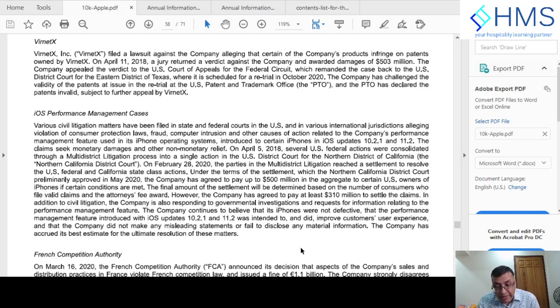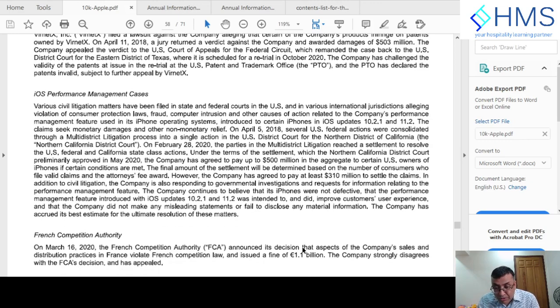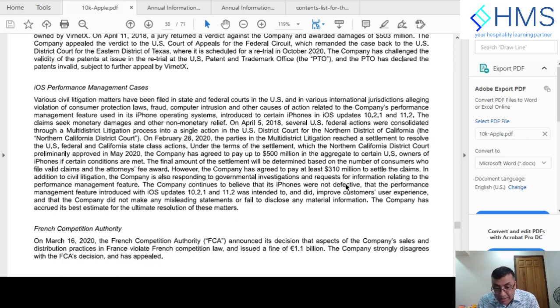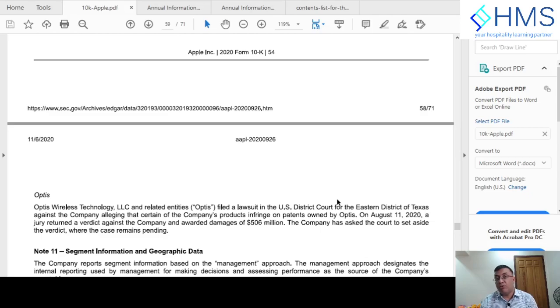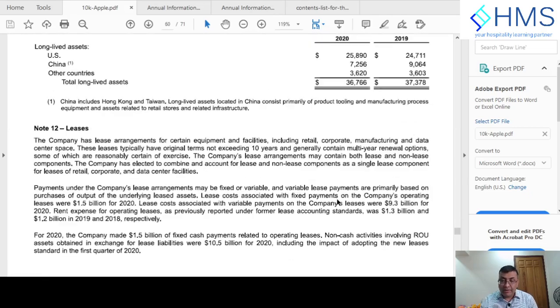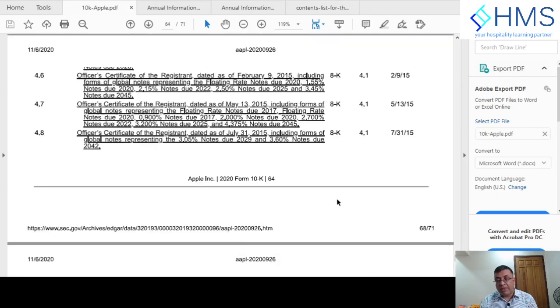So it means that the company has not yet settled it, but there is an amount to settle if there are claims. So there's a potential liability on the company. Since this is shown as a contingent liability, it means it is not part of your financial statements yet. So whatever the profit of the company is, it has to be reduced by another $310 million. So that's about the contingent liability.